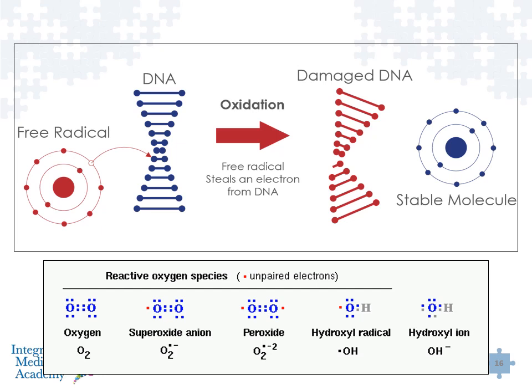A stable molecule generally will have a valence shell of 8 electrons. So let's say our free radical only has 7, so it'll want to grab an electron from something else. In this case, it's grabbing an electron from DNA, filling that void, allowing the molecule to become more stable, but what it leaves behind is damaged DNA.